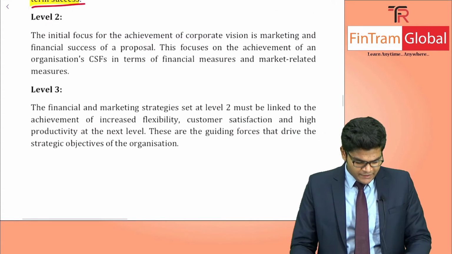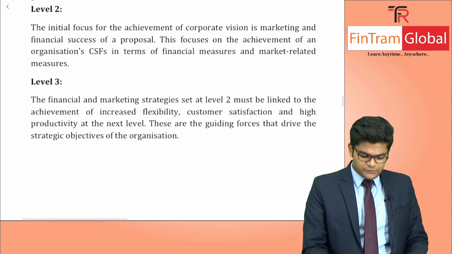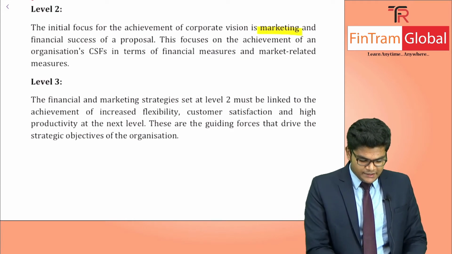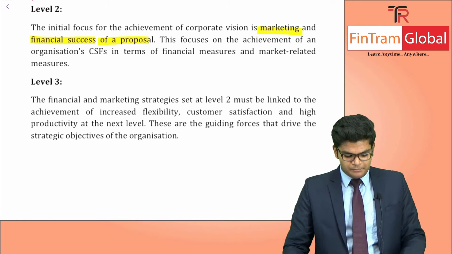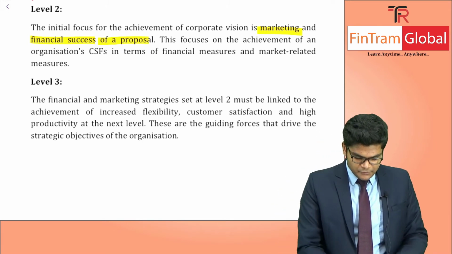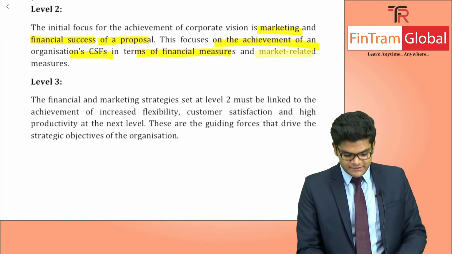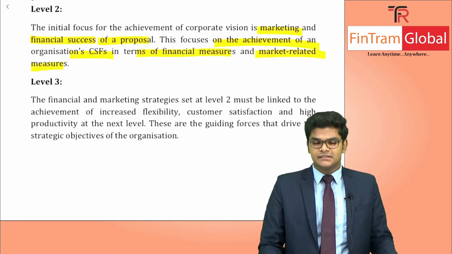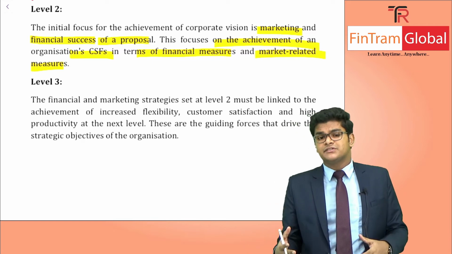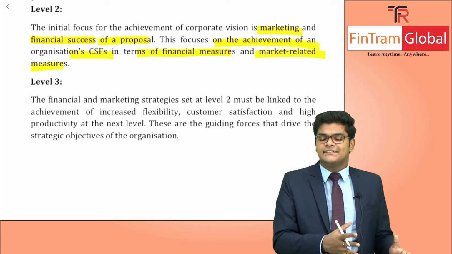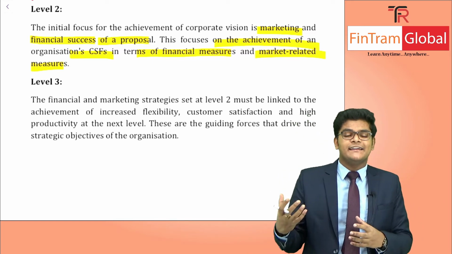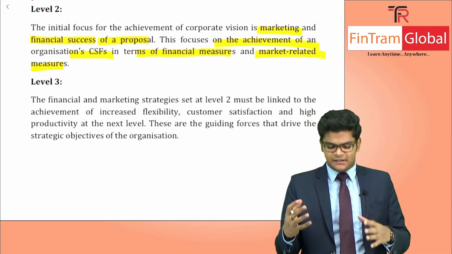And what else? The initial focus of the achievement of corporate vision is marketing and financial success of the proposal. And this focuses on the achievement of the organization's CSFs in terms of financial measures and market-related measures. Okay, so in level 2, we primarily focus on two things, that is financial aspects as well as market-related aspects, isn't it? So we set measures for that.